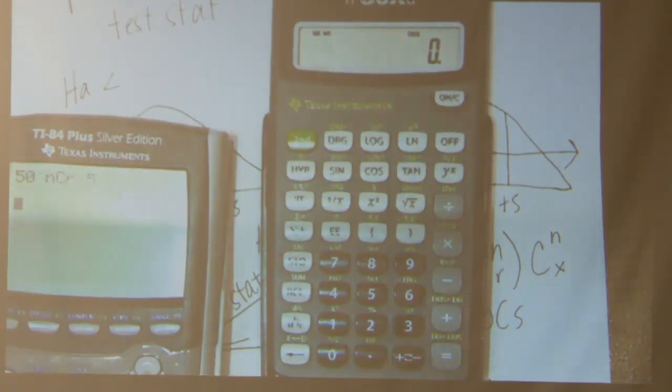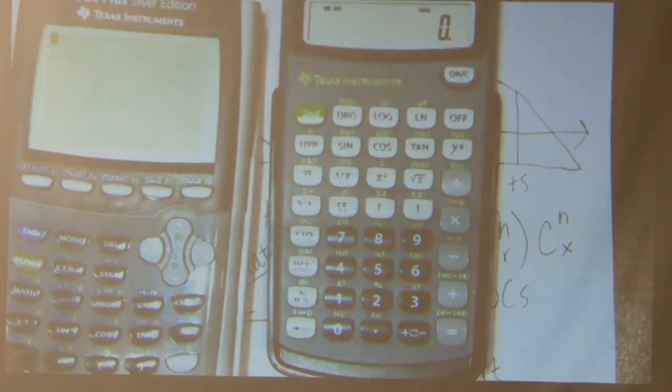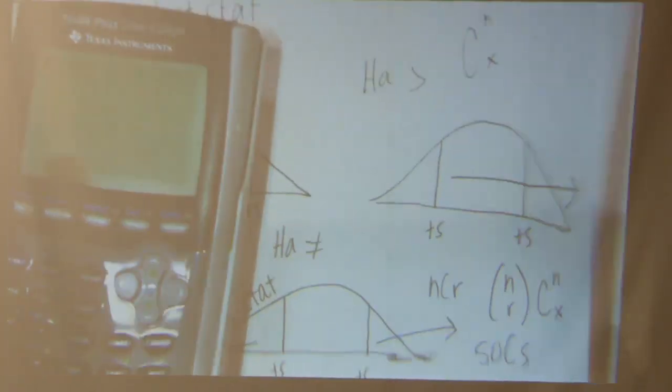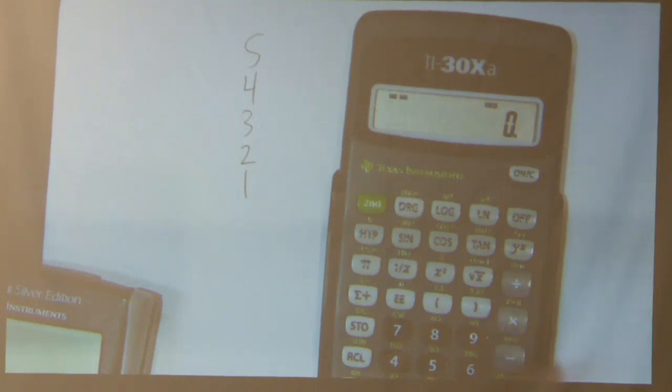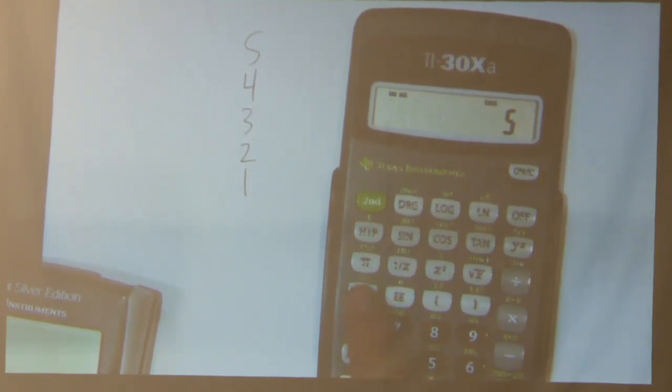And then real quick to find the standard deviation in your guys' calculators. So let's say we were working with these numbers, 5, 4, 3, 2, and 1. If you're using this calculator, it's important to go off first and then on. And you're just going to type in the number 5 and then press E+.